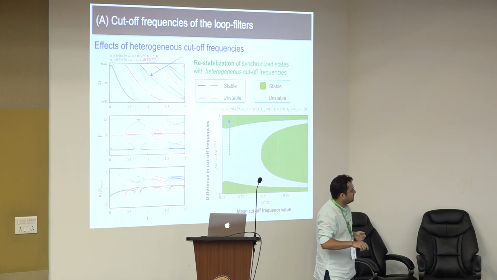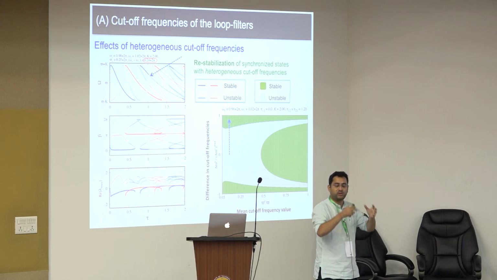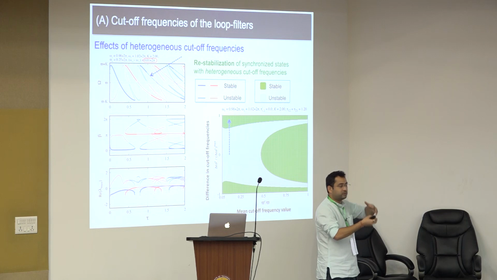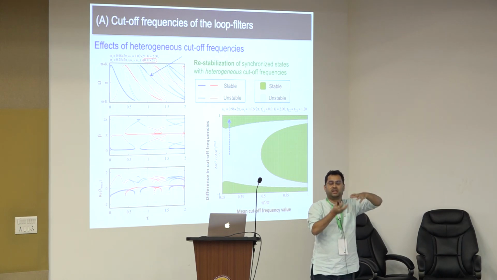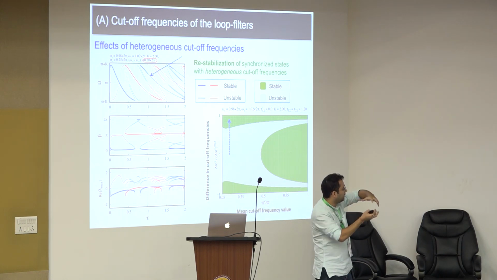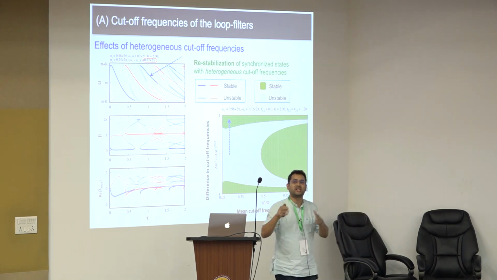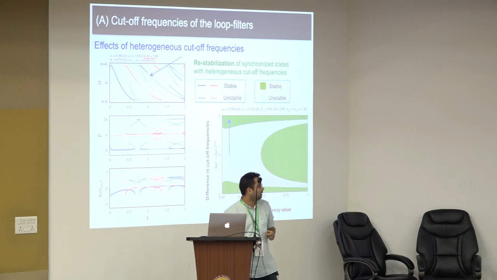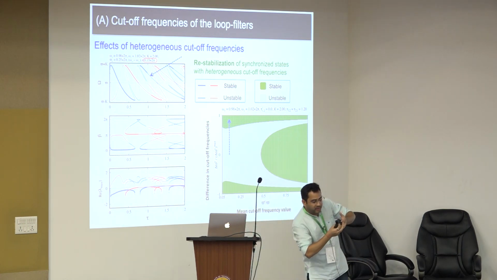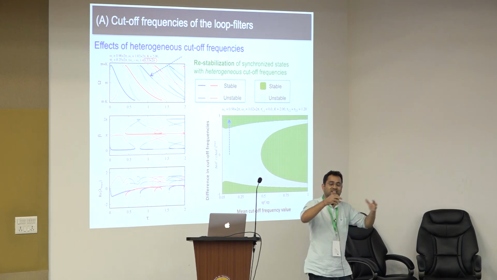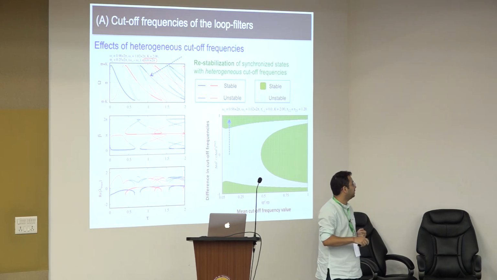At 0, we have this gray region where we do not have any solution. Then if we increase the heterogeneity in the cutoff frequency, we reach this green region where we have at least one stable synchronized solution. So by increasing this heterogeneity, we are actually restabilizing the synchronized solution in our system.